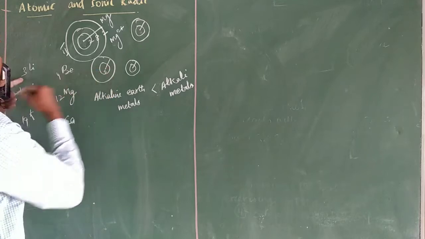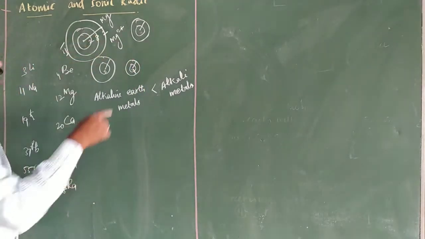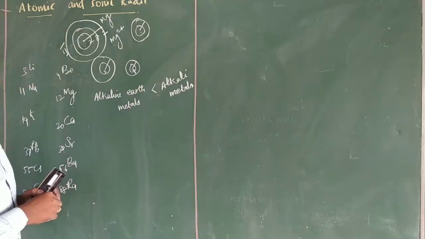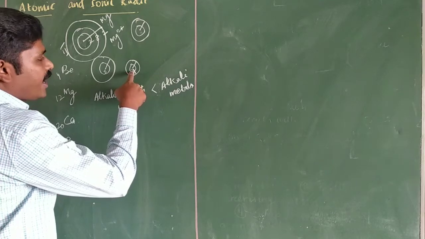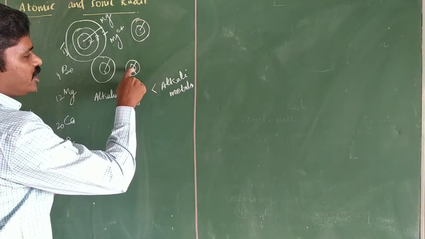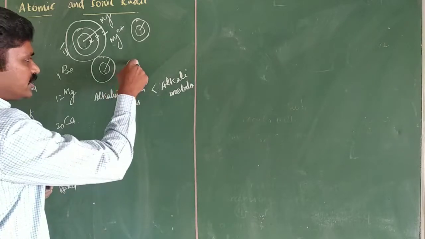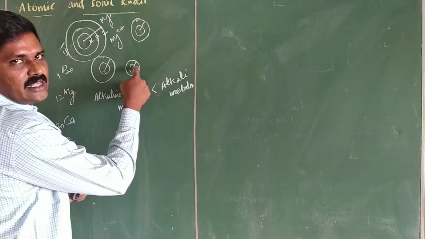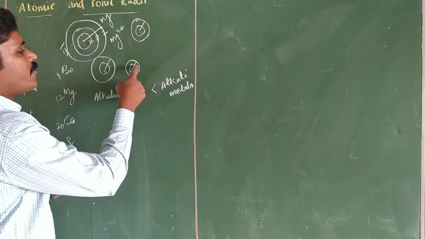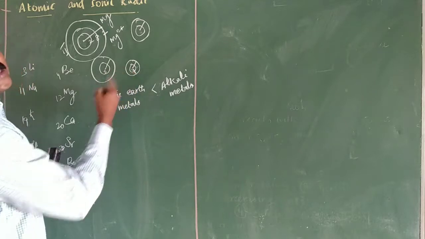The nuclear charge of lithium is 3 and of beryllium is 4, so the effective nuclear charge increases and the attractive force between the nucleus and electrons is more. The screening effect decreases, but nuclear charge increases, so the size decreases.